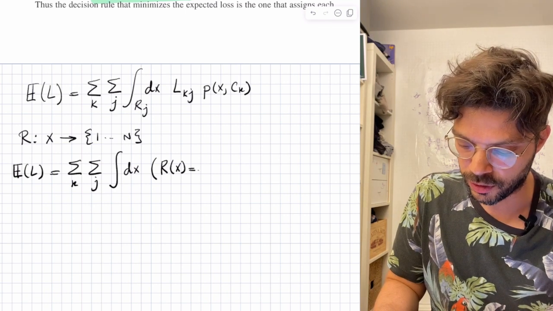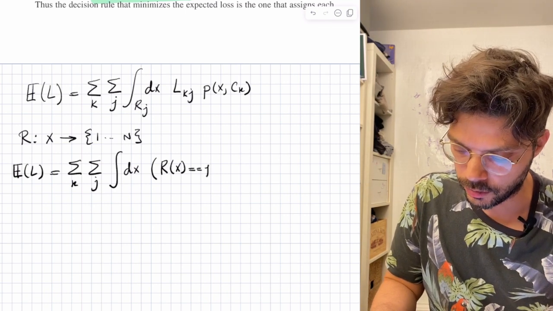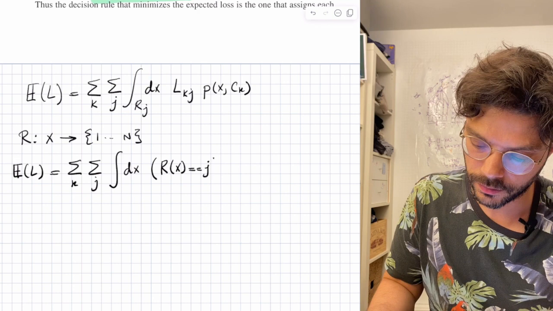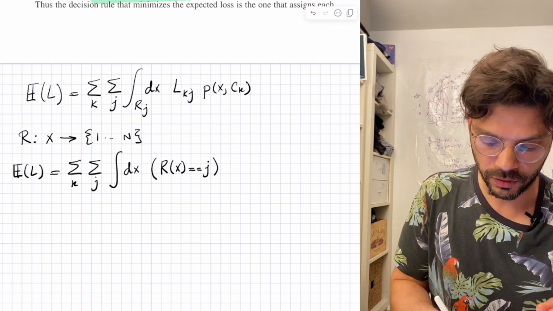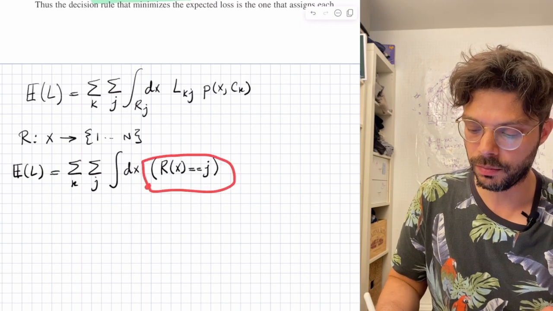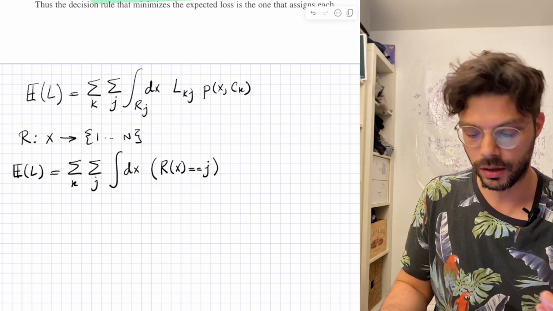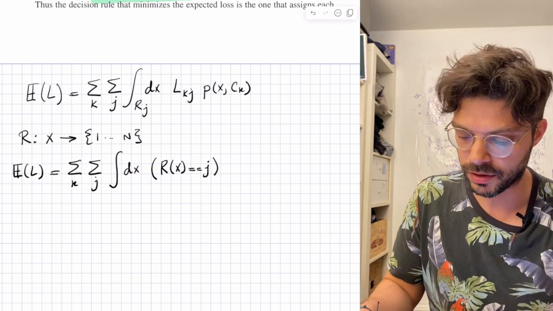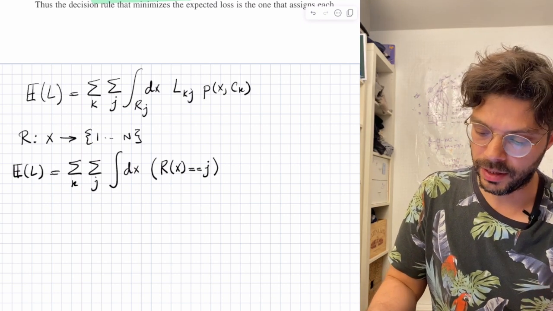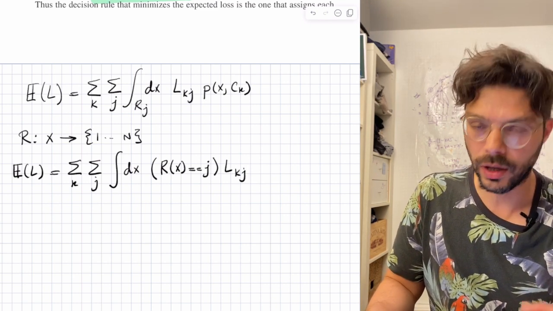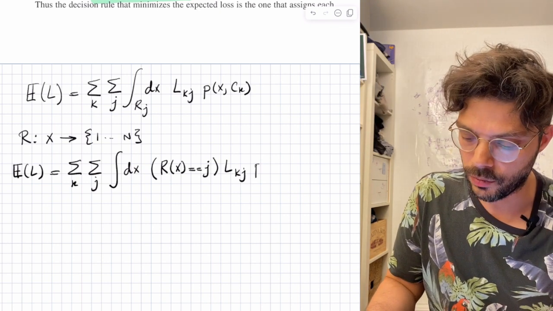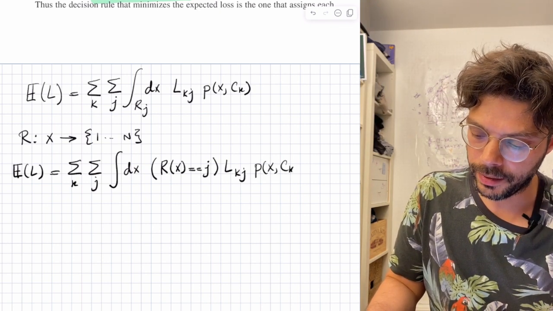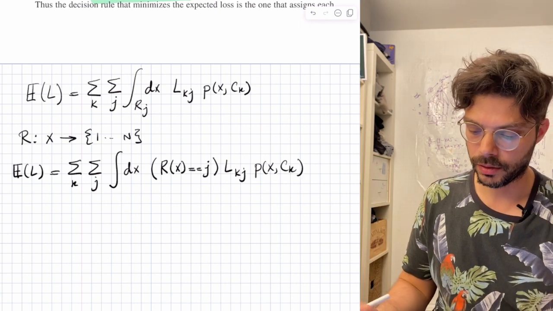I'm just using programming notation, logical indexing. This function is going to be 1 when R(x) equals J, 0 otherwise. I think it's pretty self-explanatory. Then everything else as before: L_KJ is the loss of assigning to class J when the real class is K, and then weighting everything by the probability of those data points.